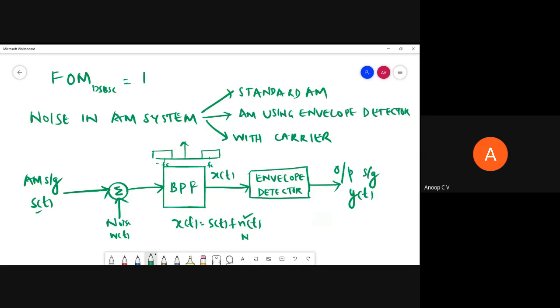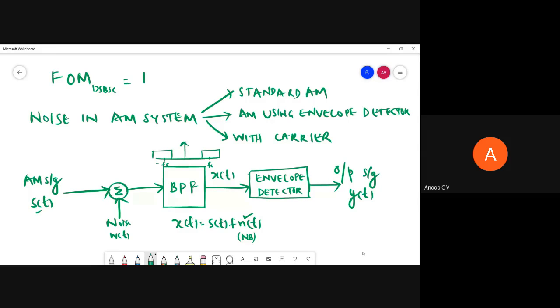This is a narrow band noise. We have seen it can be represented as the in-phase component times cos 2 pi fc t minus the quadrature component times sin 2 pi fc t. This is the system model that we have.